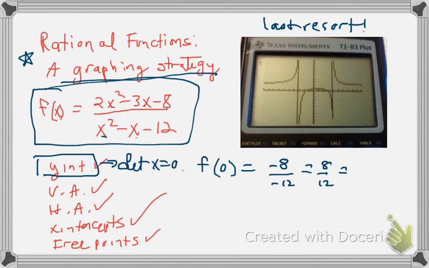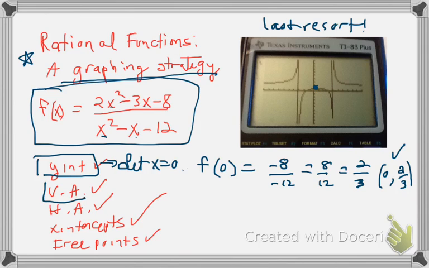And let's see, 4 goes into 8 twice, and 4 goes into 12 3 times, so 2/3. So basically 0 comma 2/3 is where the y-intercept should occur. And we can verify that. I mean, we can see that right there on the graph.